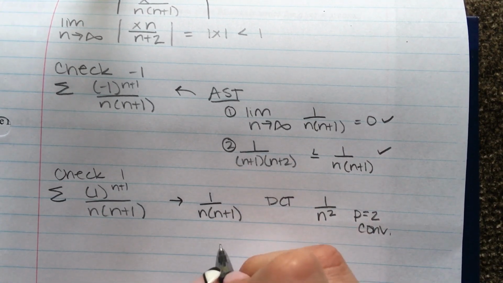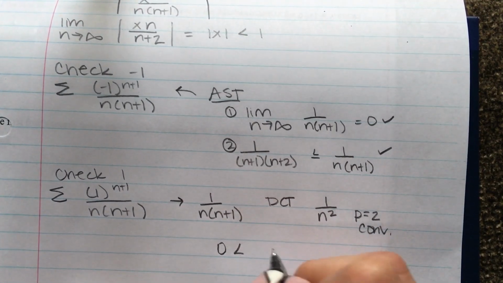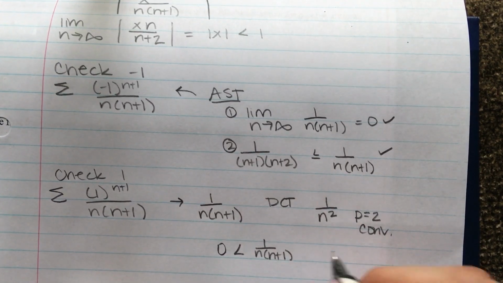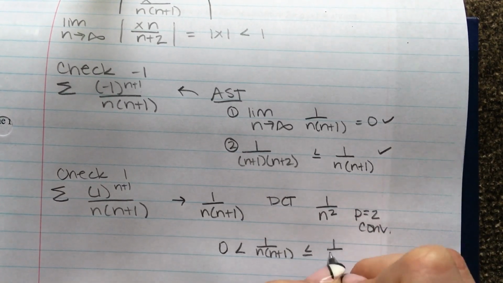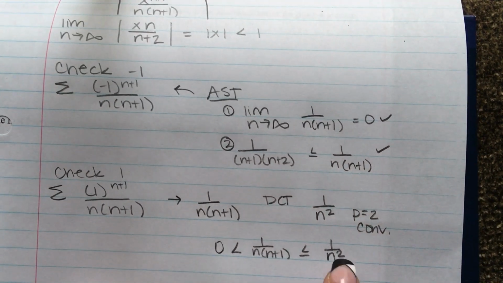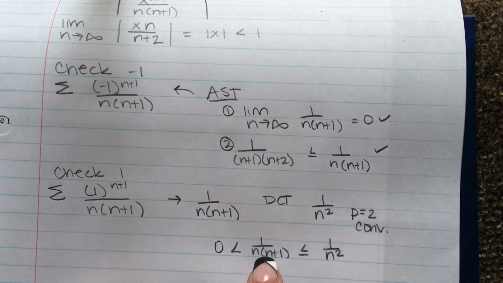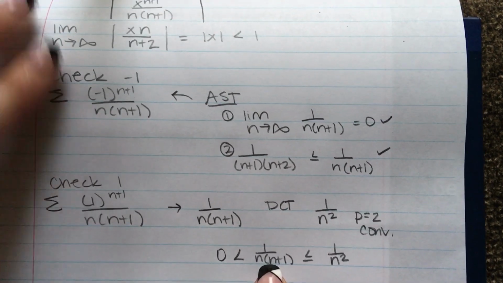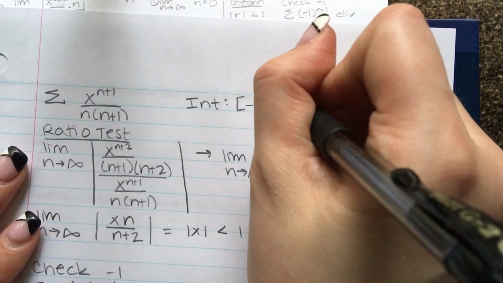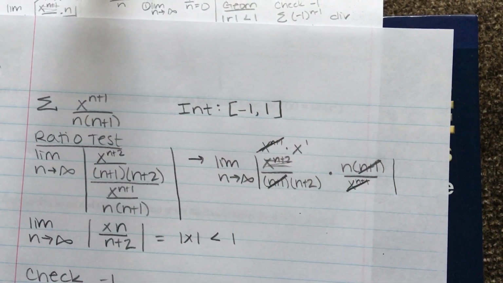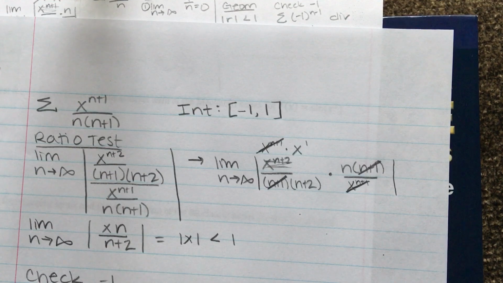So for the direct comparison test, I've got 0 is less than 1 over n(n+1), and that's less than or equal to 1 over n squared. And since this converges, then by the direct comparison test, I can say that this one converges as well. So I'm going to go back up here and say that the interval is from -1 to +1, including both of those ends.